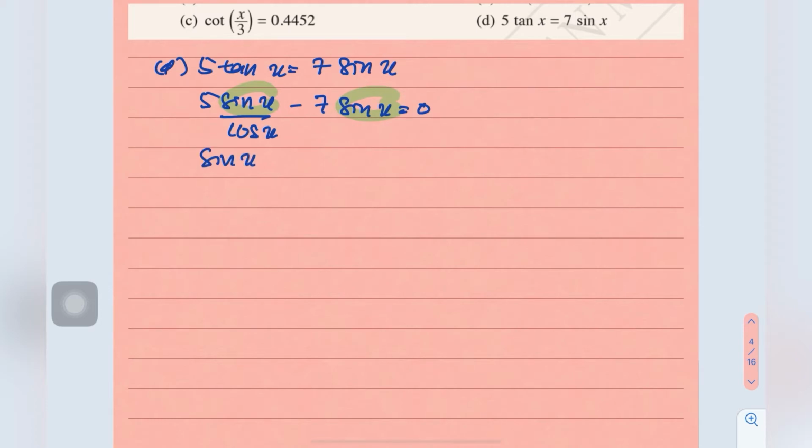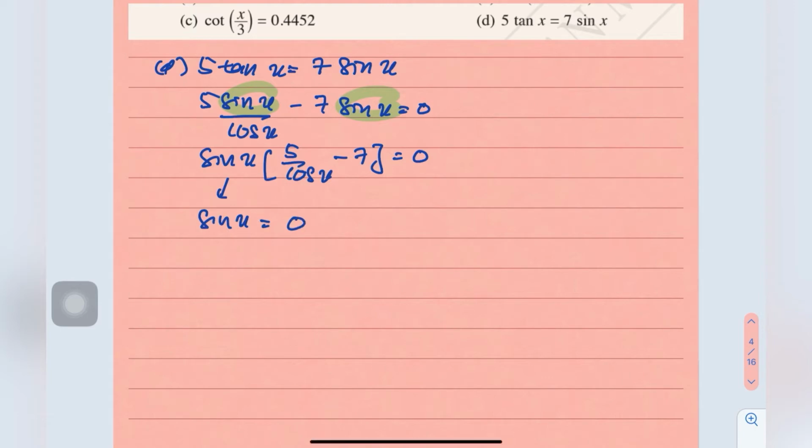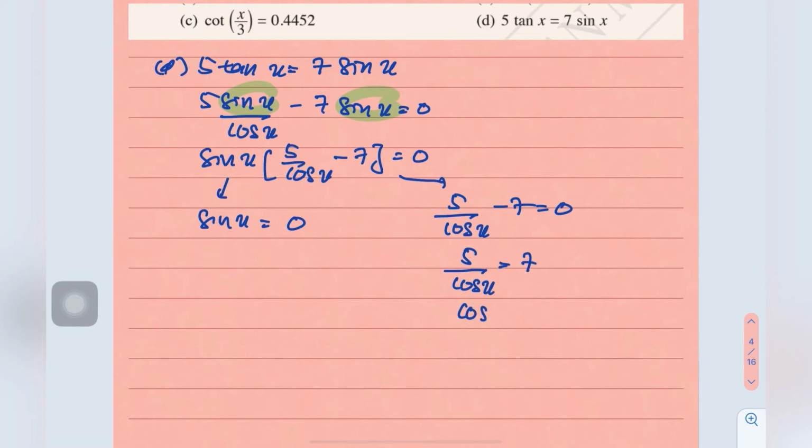So sine x times the bracket 5 over cos x minus 7. For this one, sine x equals 0. For this one, 5 over cos x minus 7 equals 0, so 5 over cos x equals 7, and cos x equals 5 over 7.